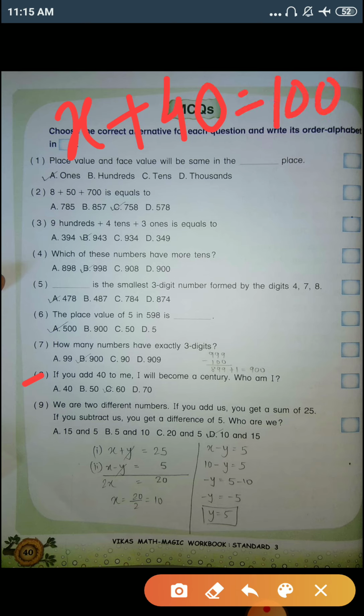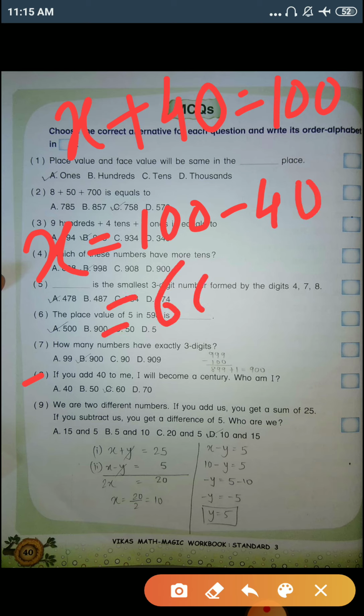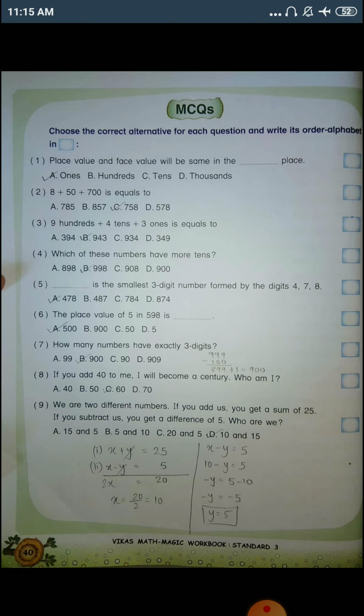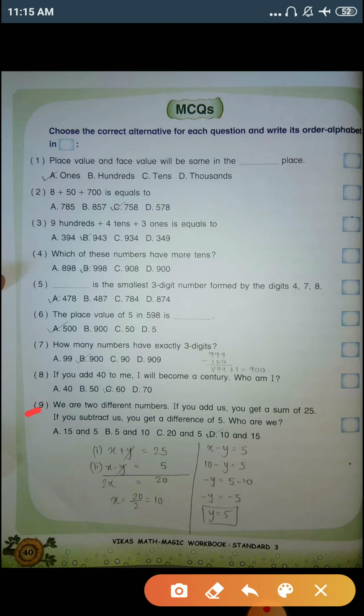So simply for finding out x, we subtract this 40 from 100. So 100 minus 40 will give you 60. Very good. So our answer is 60.